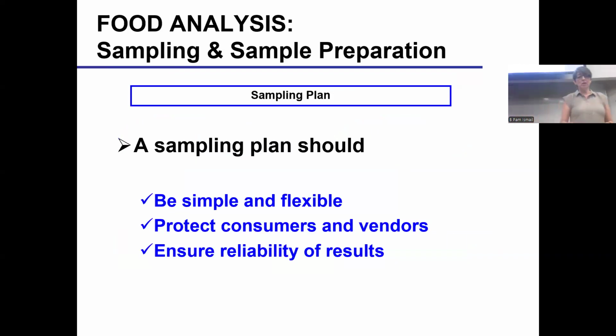Okay, so what you really need to remember is your sampling plan should be simple and flexible, so you change according to the needs. You have to protect both the consumers and the vendors, and also ensure reliability of your results. So this is what you really need to remember, 3 important factors about your sample plan.